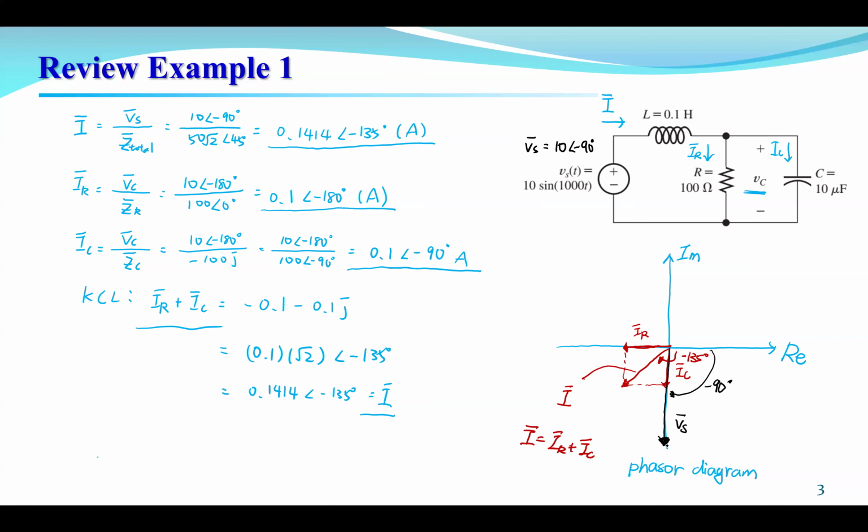We also know that it's a leading circuit, right? Because if we look at the current flowing from the source, the current leads the voltage by 45 degrees. This is 45 degrees. So we say it's a leading circuit.